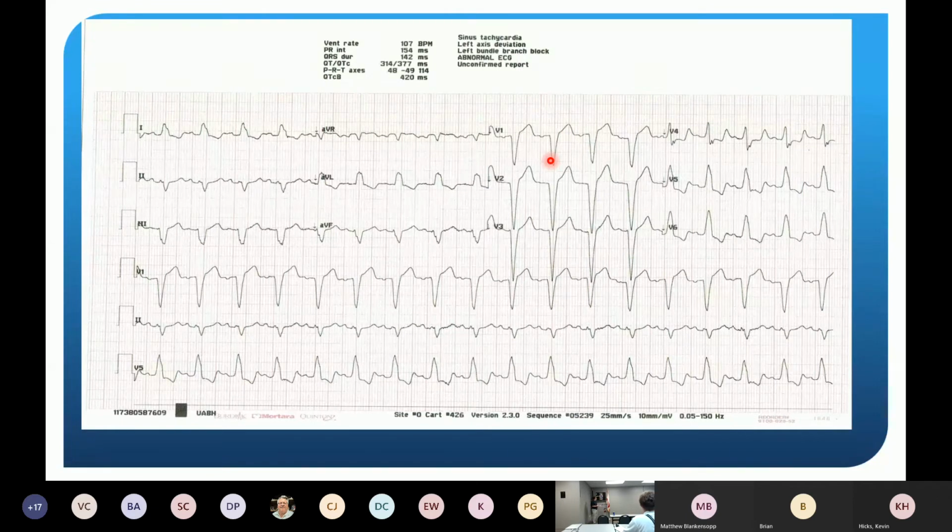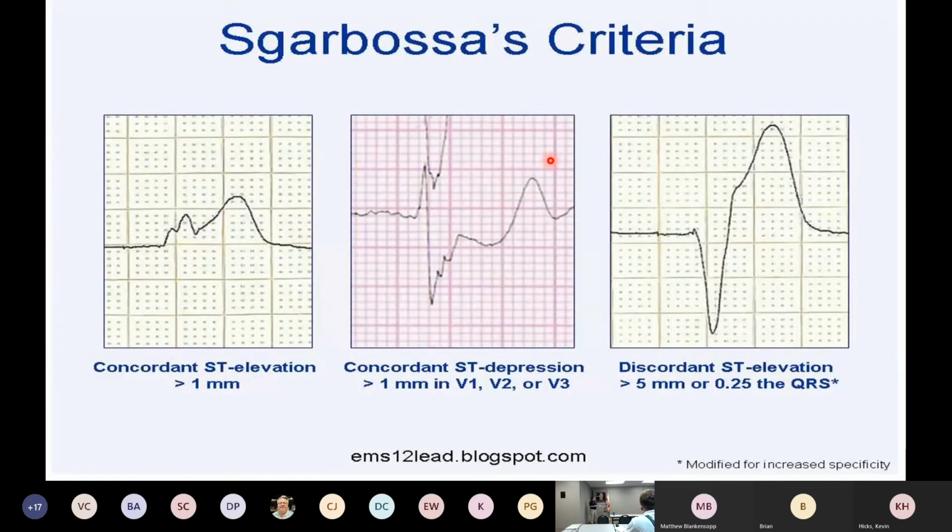Now we got something called Sgarbossa's criteria, right? This basically gives us a way to determine if we think this left bundle is an acute issue and there's a STEMI going on. The main thing you want to look for is concordance. So T-wave and QRS should be opposite. Discordance is good. Concordance is bad.